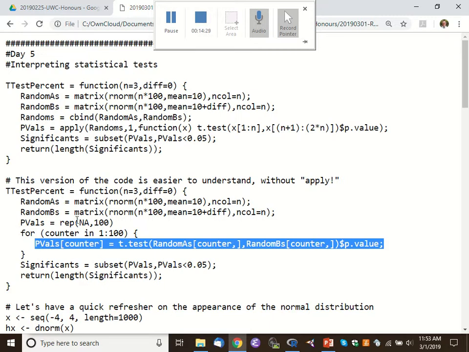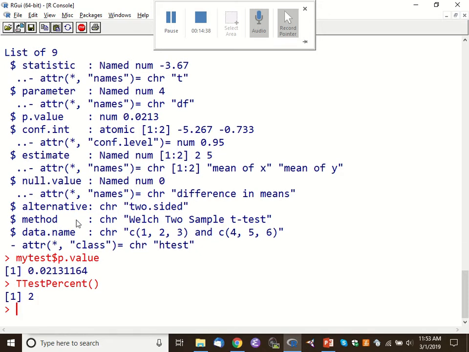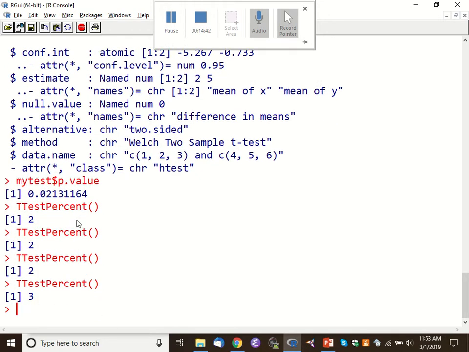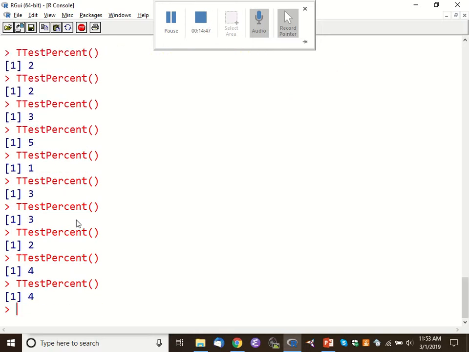Okay, so let us now run ttest percent by itself. You're just going to get back an integer. I'm going to run it a few times. Because I've run it with all the default options in place, what is the true difference in the means between the A values and the B values, between our two cohorts?